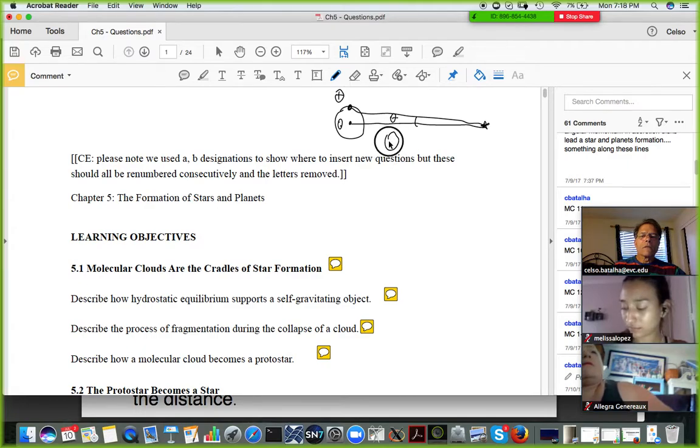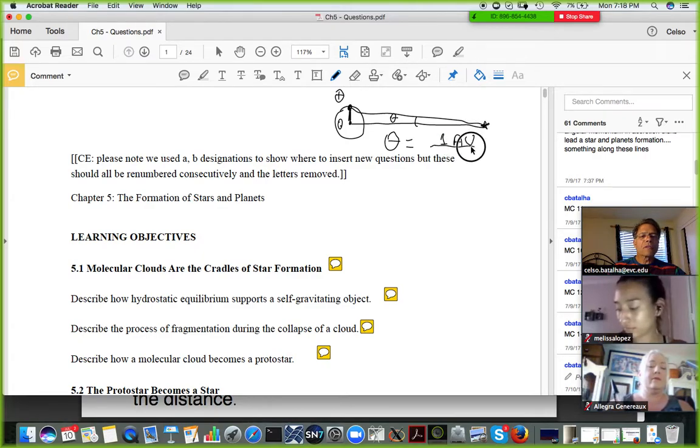So this angle, which we can measure in the sky, is equal to the distance between Earth and the Sun, which is 1 astronomical unit, divided by the distance between the Sun and the star. In other words, the distance to a star is equal to 1 astronomical unit, that's some simple math, divided by that angle.